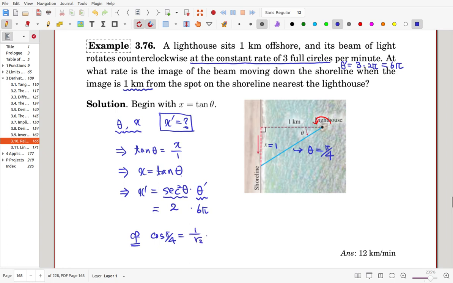Its square will make 1 over 2, and its reciprocal will make a 2. So we have here 2. So eventually x prime is 12 pi. Of course, the unit must be kilometers per minute. We are using minutes here.